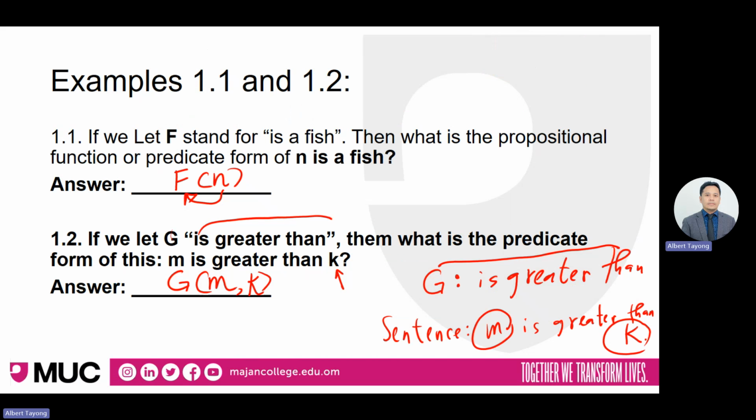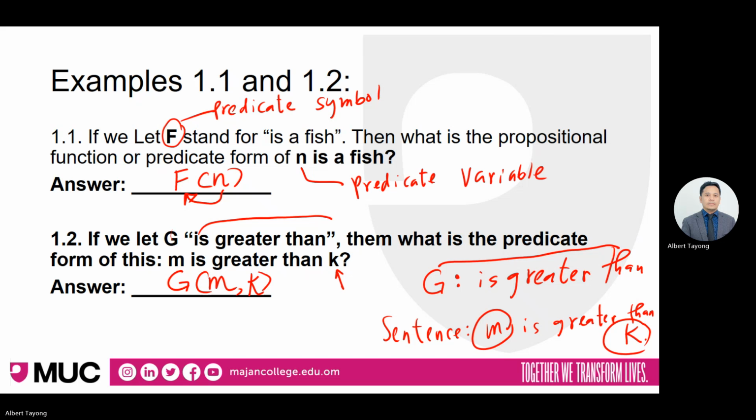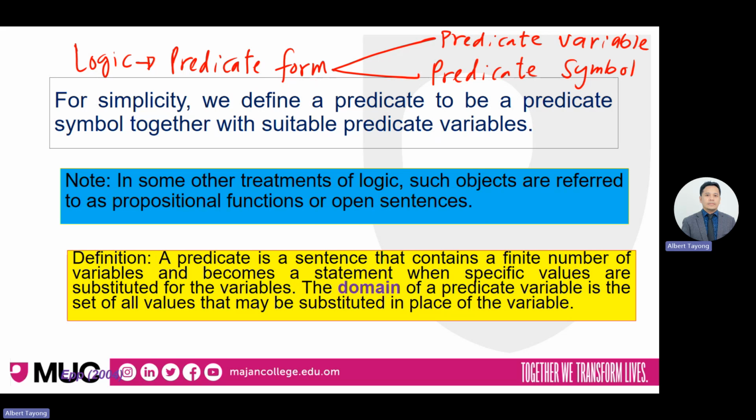Okay, so here we have the variable N, F is the symbol. So this is the predicate symbol, "is a fish", and N is the variable. This is the predicate variable. Okay, so it consists of two things generally, the variable and the symbol.